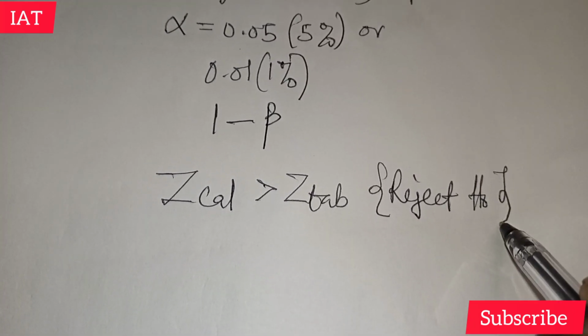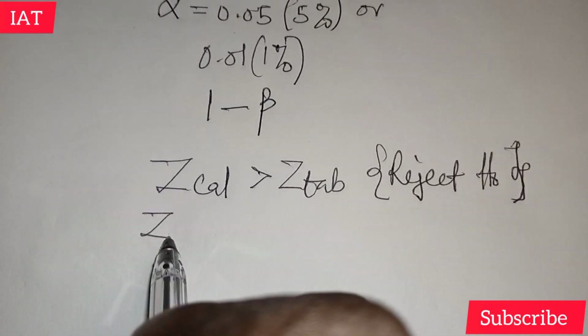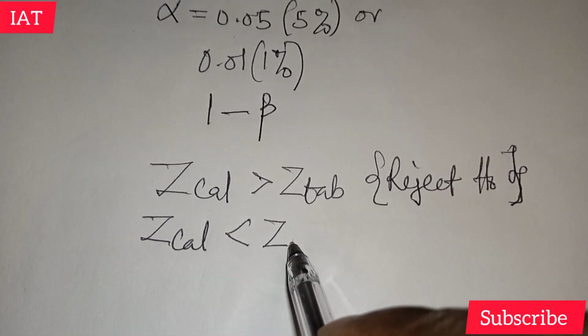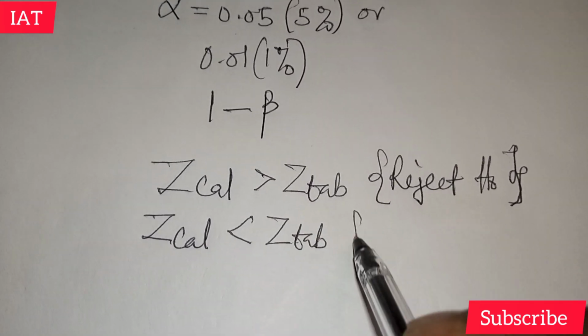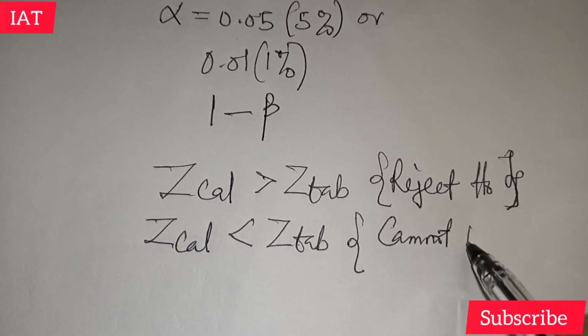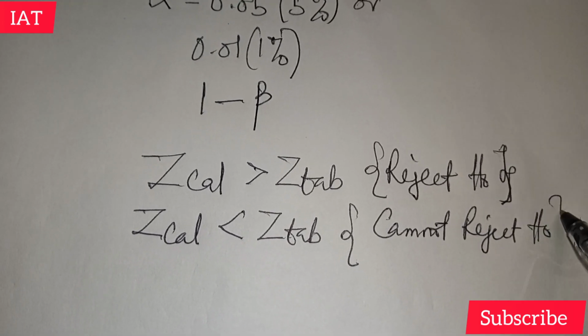Again, when the calculated value is less than the tabulated value, we cannot reject the null hypothesis.